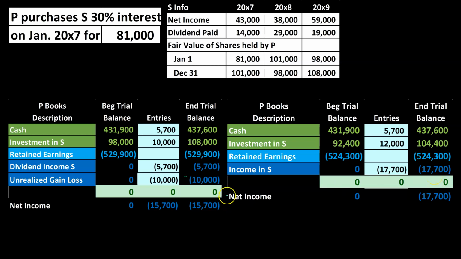I thought the 10,000 would be greater than what happened over here, but over here we had the 17,700, which is 30% of the 59,000. So actually the increase in the revenue was higher. Our 30% increase in the revenue was higher than what happened in the market. So maybe I'm saying that wrong.